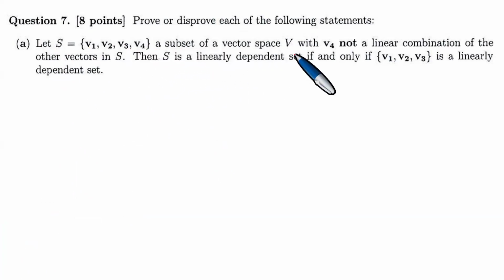S is a subset of a vector space, with V4 not a linear combination of the other vectors in S. Then S is a linearly independent set if and only if V1, V2, V3 is a linearly independent set. This is what we have here.